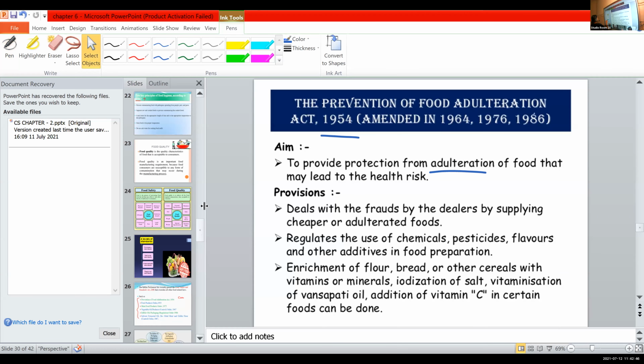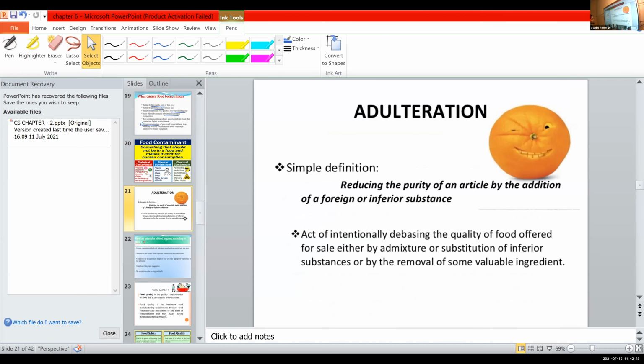The concept of adulteration is reducing the purity of an article, which means the purity of a food material, by the addition of a foreign or inferior substance. Sometimes we also remove the main substance from the food, or sometimes we add some kind of cheap substances to the food. That is adulteration. Yeah, stones in the rice. That is a perfect example of adulteration.